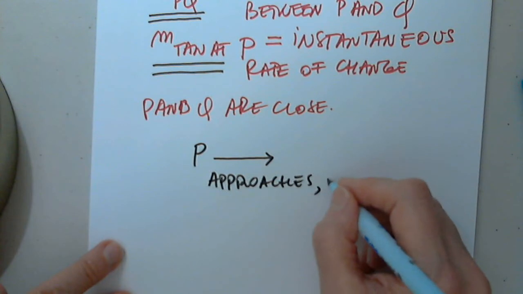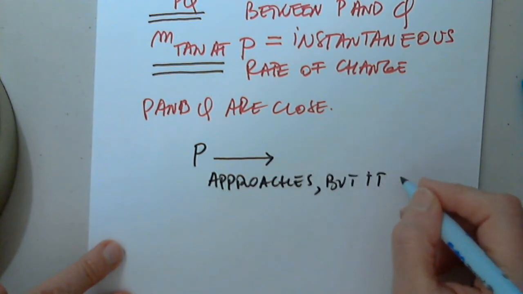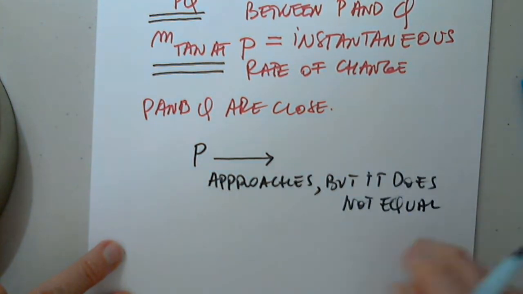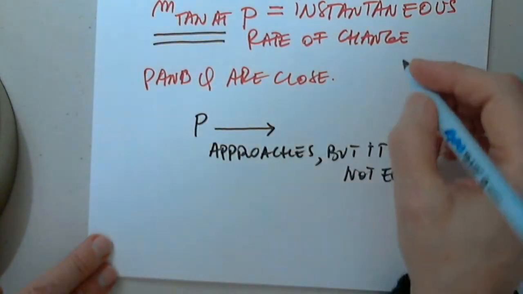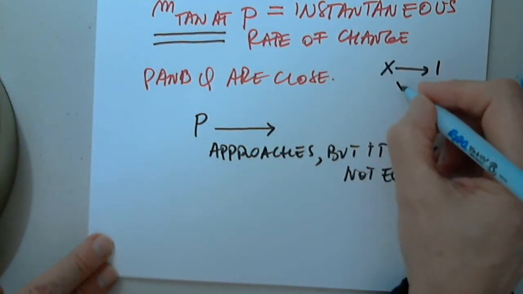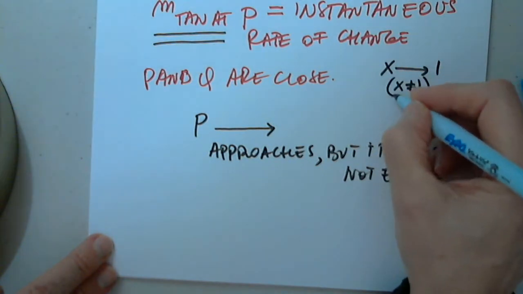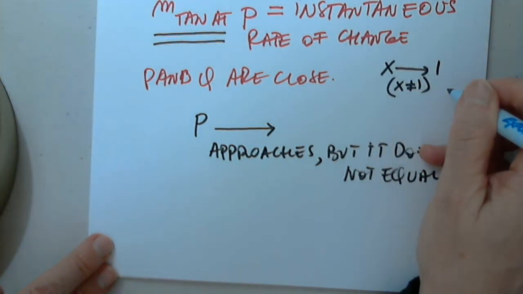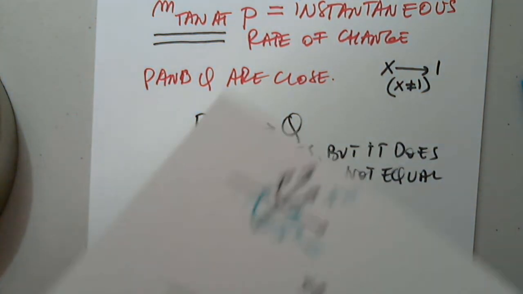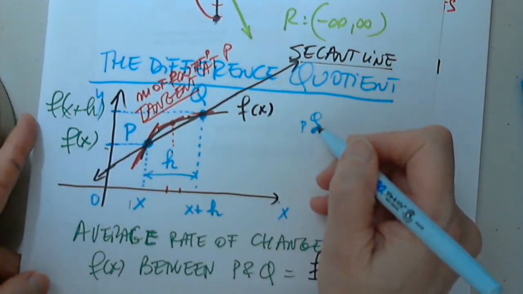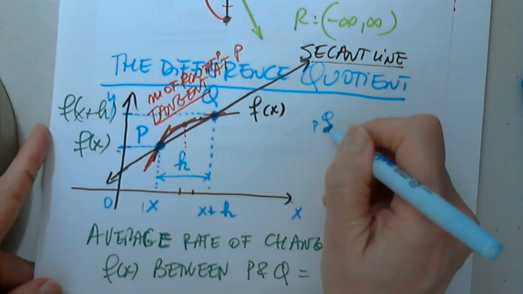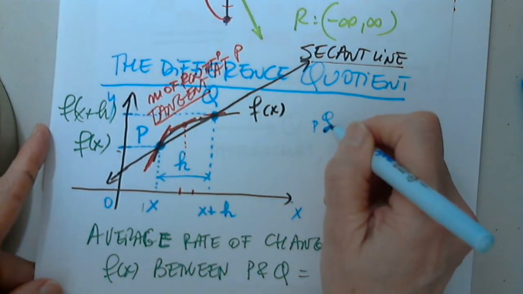Very important, but it does not equal. So when we say x approaches 1, we automatically know that x does not equal 1. So when I say P approaches Q, or Q approaches P, it doesn't matter, P and Q will not be the same point.